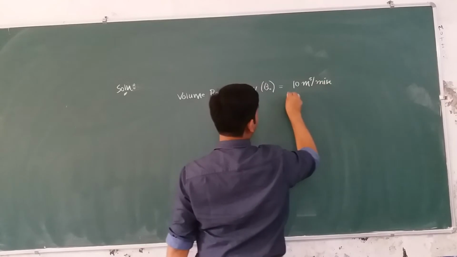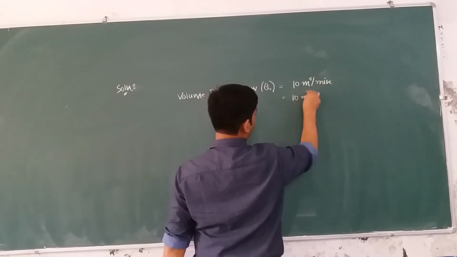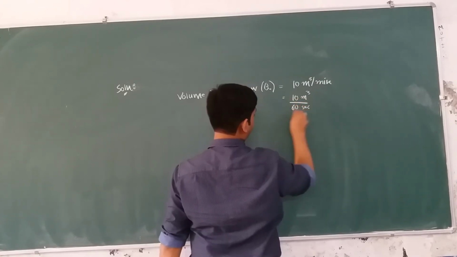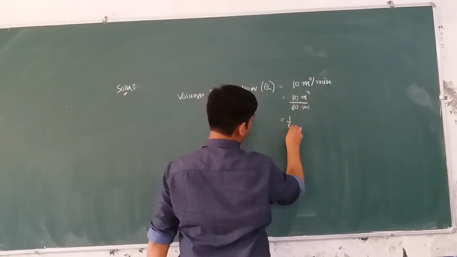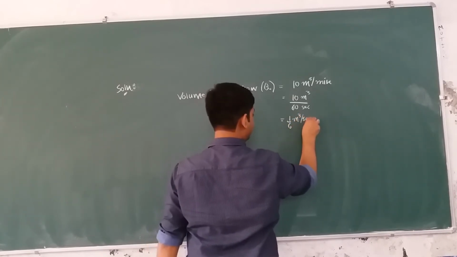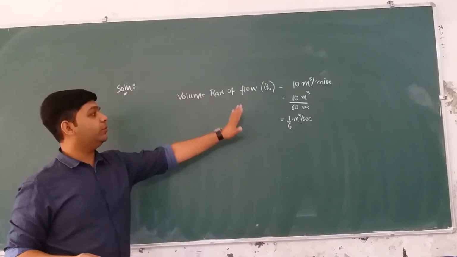So we will convert it in SI, and it is given as 10 meter cube upon 60 second. So it will be 1/6 meter cube per second. I hope this is clear to everyone. So this is the volume rate of flow.